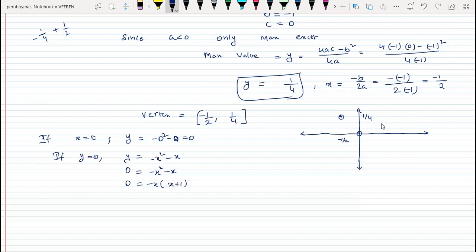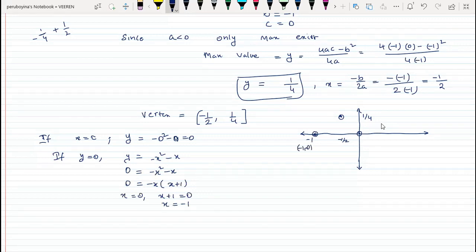Then you have x plus 1. From this representation, you will have x equal to 0 and x plus 1 equal to 0, which implies x is minus 1. Somewhere here minus 1. So this point is minus 1 comma 0.